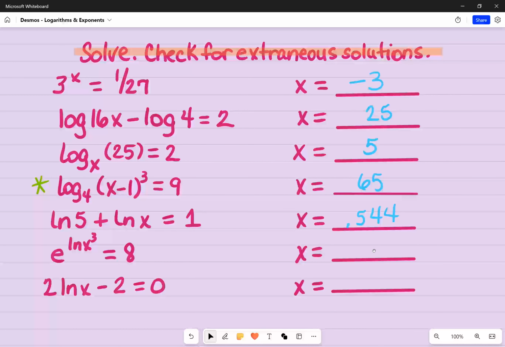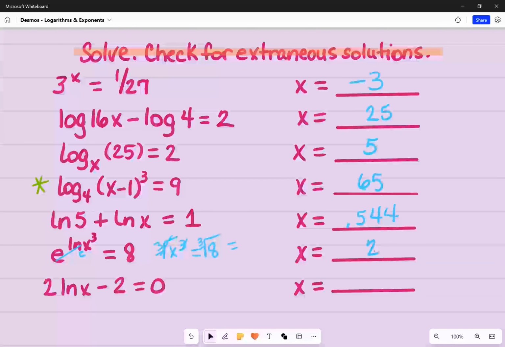And you probably had figured that out anyway manually, because basically if you have the same base for the exponent and your natural log or log, you can just cross that out and you're left with x cubed is equal to 8. And in order to get rid of that cube, you can do the cube root on both sides, and x would equal, matter of fact, let me show you that too while I'm here.